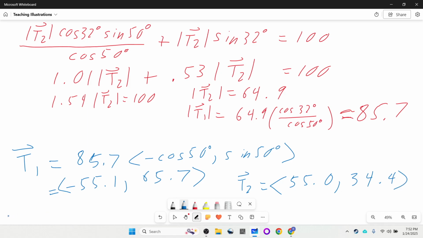So if we add these together, T1 plus T2, there's a little rounding error here. You can see these are not exactly 0, but it's come out to almost exactly 0, 100. Little rounding errors happen, but this works because that means T1, T2 are having a net force of up by 100, which exactly cancels out the weight, which is down by 100.